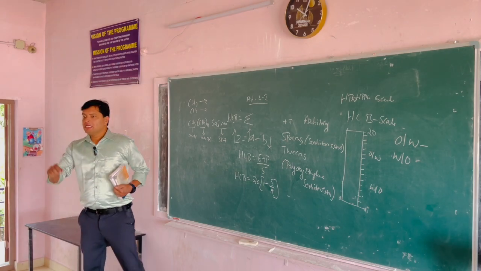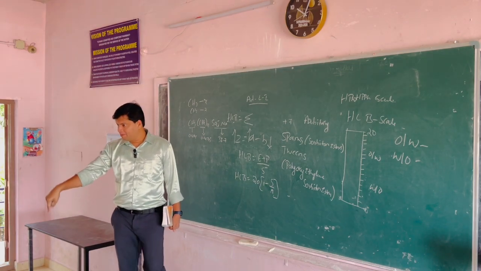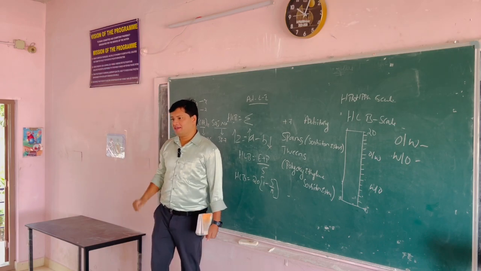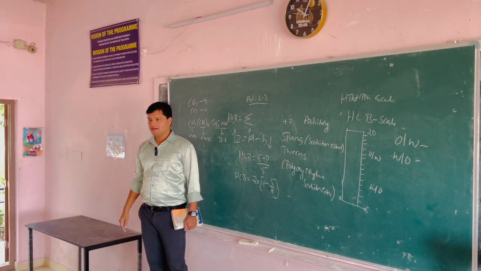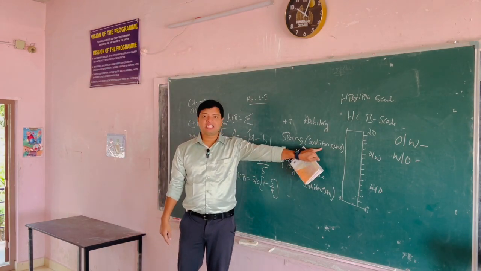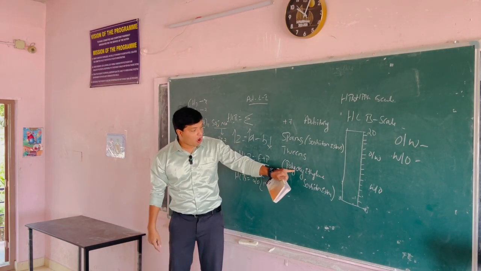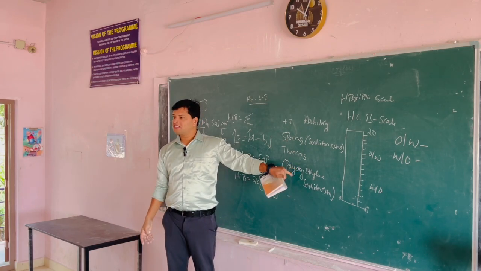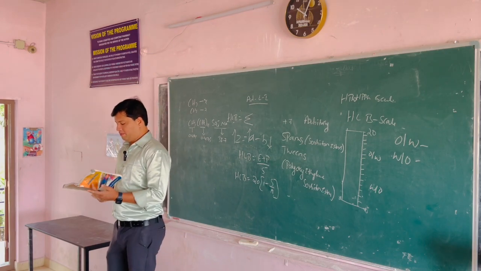Now tell me, use your knowledge and tell me which is lipophilic, which is hydrophilic. Why? Very good. Spans are lipophilic because they lack the oxy group. Tweens are more hydrophilic. Very good. Write down.